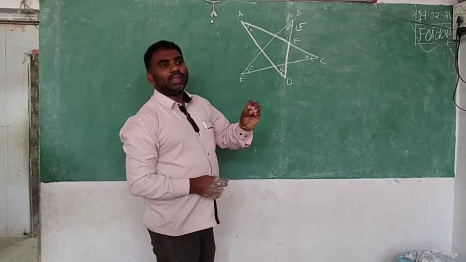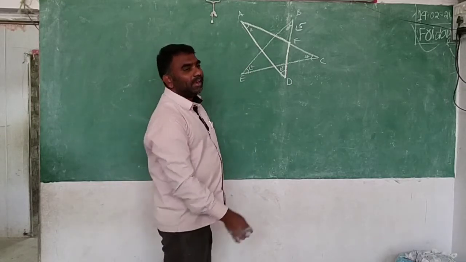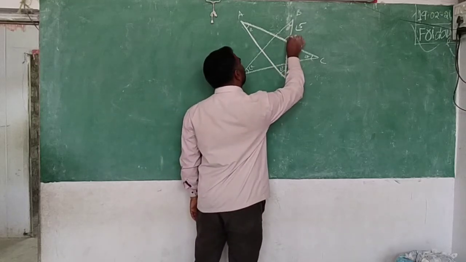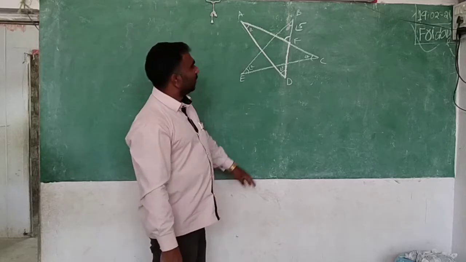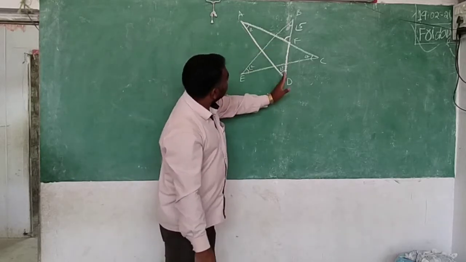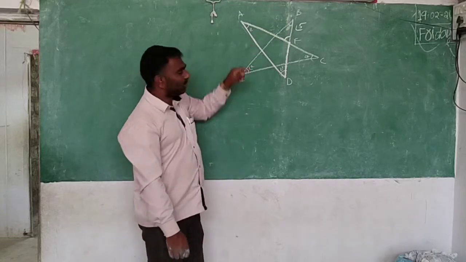In this, I am taking the exterior angle. I will make the exterior angle here. This is the big triangle. Why have I taken that one? Because I know two interior angles.